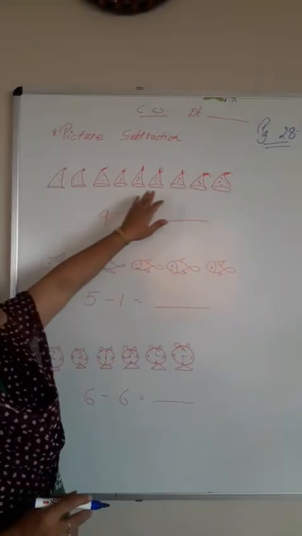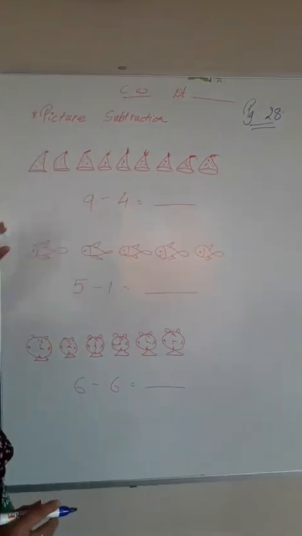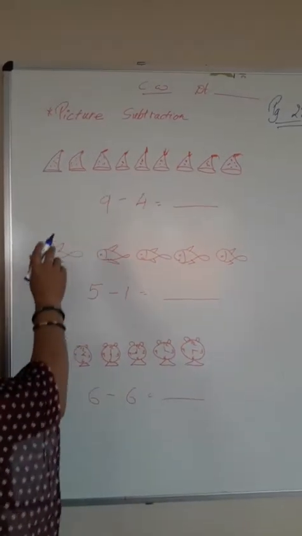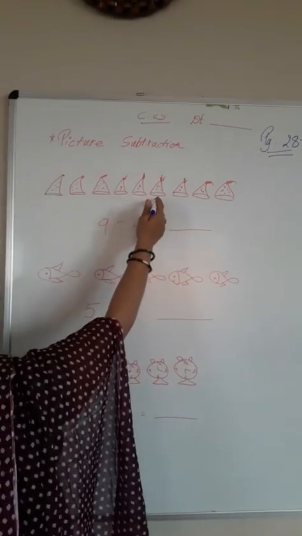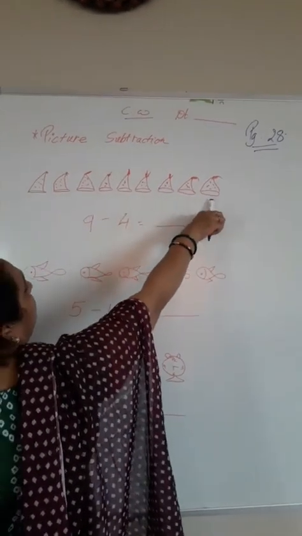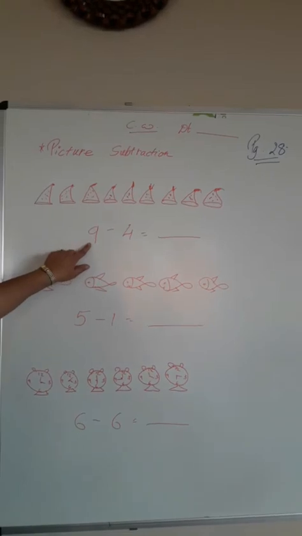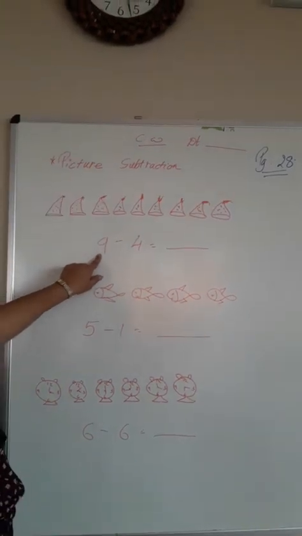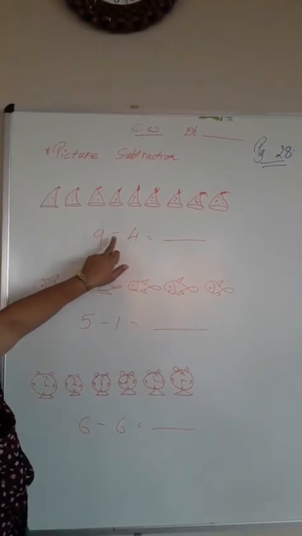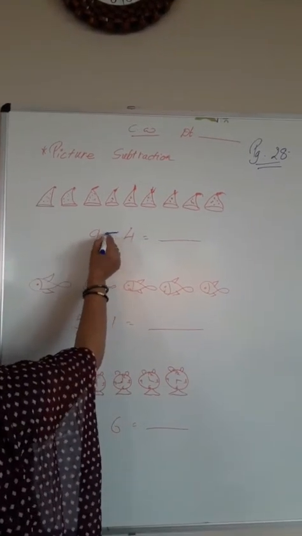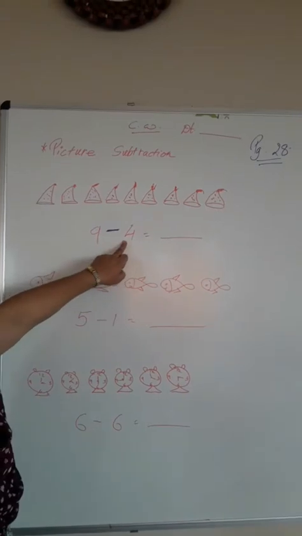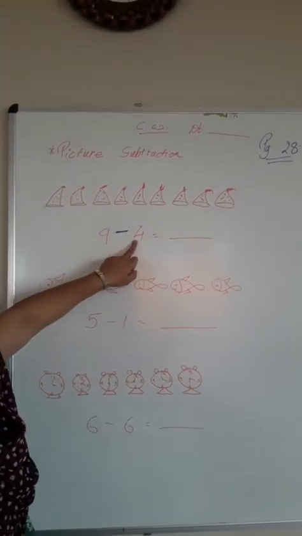Now let us count how many caps are here. 1, 2, 3, 4, 5, 6, 7, 8 and 9. We have 9 caps. And how many caps do we have to take away? This is the sign of subtraction, minus. 4 caps.